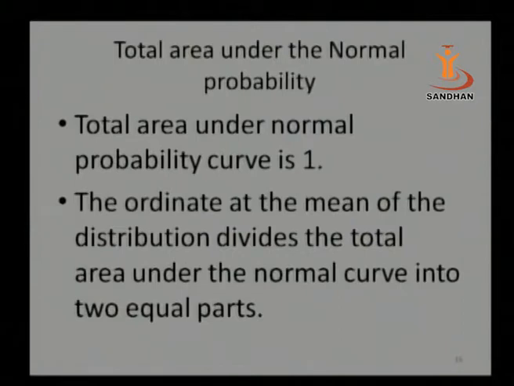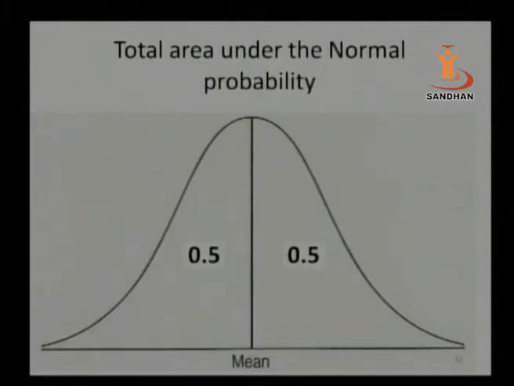Okay, next is that the total area under the normal probability curve is 1. Again, the ordinate at the mean of the distribution divides the total area under the normal curve into two equal parts. Let us see.